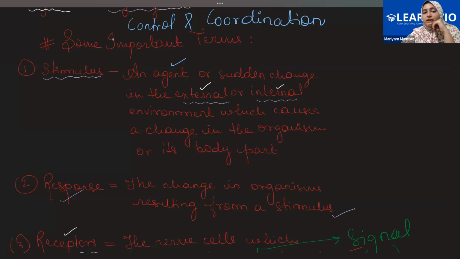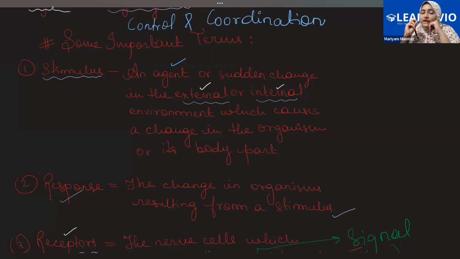Now see, stimulus, for example, if you're standing somewhere, and then I come behind you and pat on your back, you'll understand that someone is patting on your back, right? Yes, ma'am. So that patting that I gave is a stimulus that I provided.